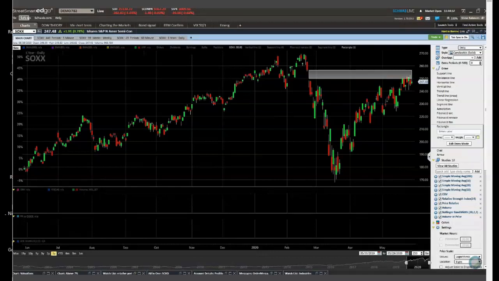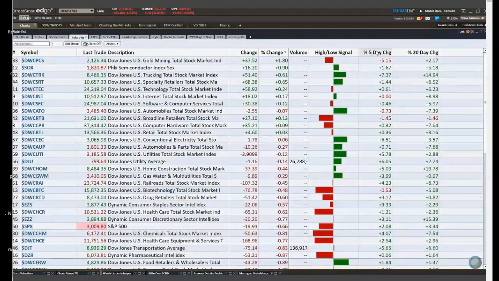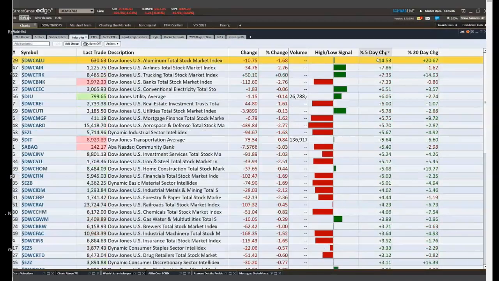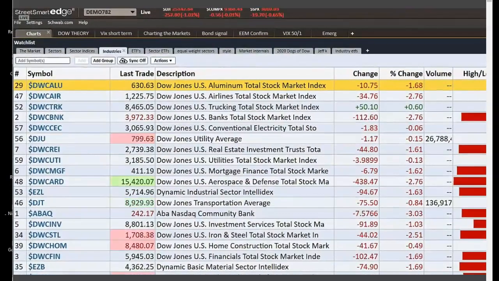All right, let me pull that back up. There it is. We'll do 5-day change. So there you go, that's to your point about laggards picking up a little bit. Aluminum is cyclical.